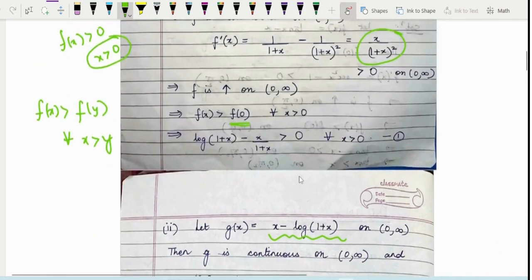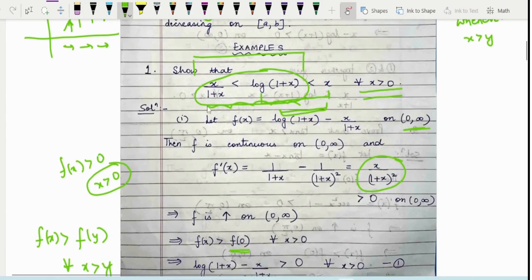So in 1 and 2, in the first half we defined f as log of this minus this. It's always a good idea, that's the general convention used in all the books which discuss inequalities: you always consider f(x) to be something which is supposed to be shown as positive. Even if you do it the other way around, you take x/(1+x) minus log(1+x), call it f(x), then you will be able to show that f(x) is a decreasing function, and hence you will get the same result.